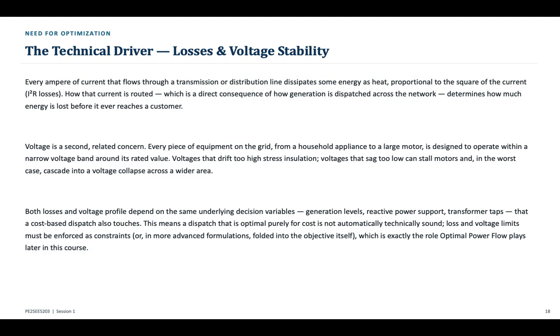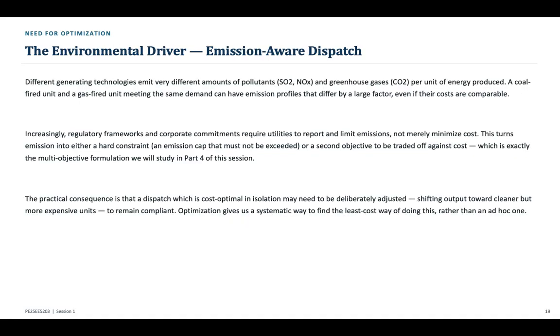Loss and voltage limits must be enforced as constraints, or in more advanced formulations, they should be folded into the objective itself, which is exactly the role optimal power flow plays, which we will discuss later.